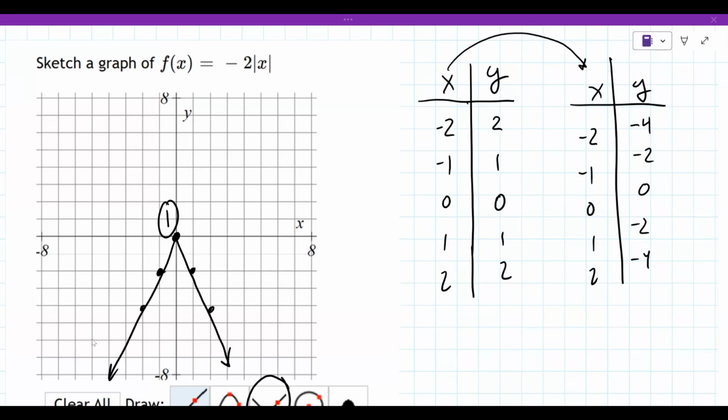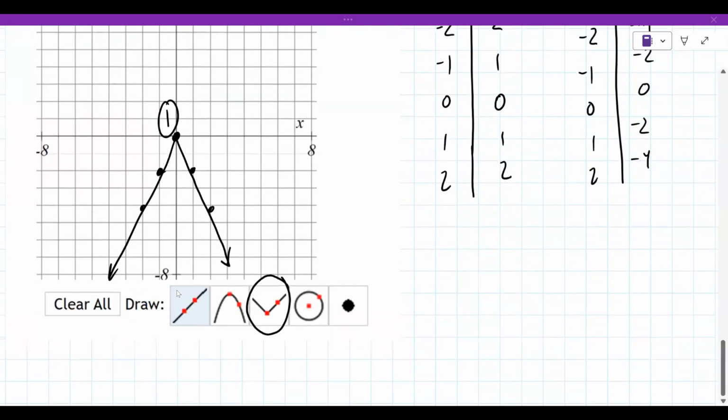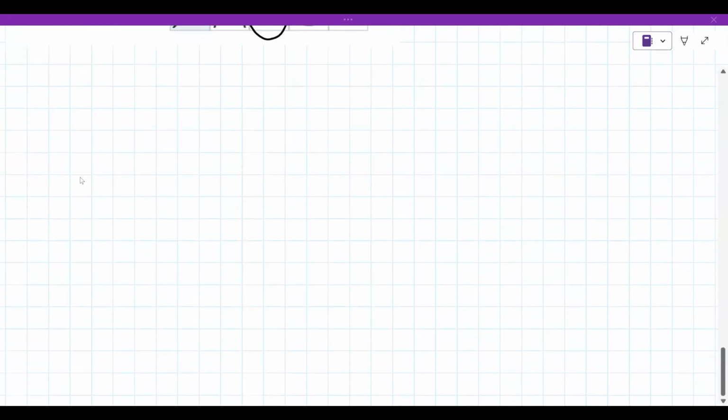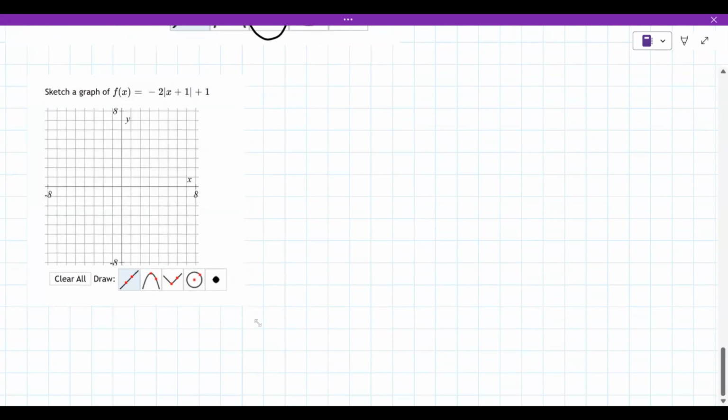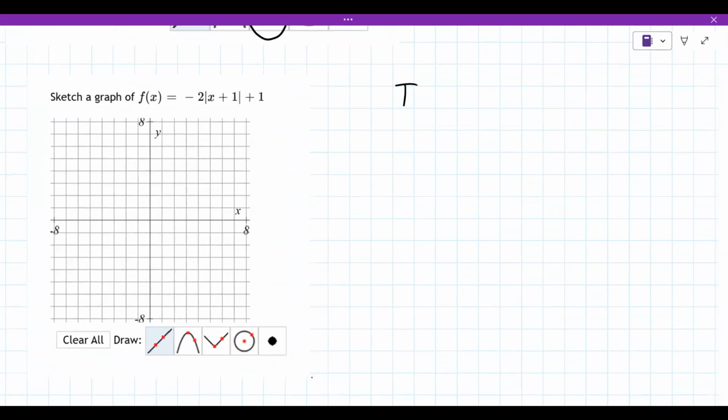Totally get it. Okay, so for number 20, if you wouldn't mind, just because it helps me out, let me see if I can do this really quick. -2 times x plus 1, and the absolute value of that, plus 1. With the x and y table, we'll go -1, 1, 0. Go to the new one, so x and y.